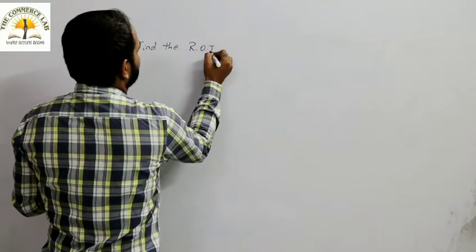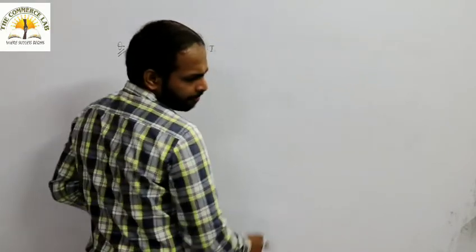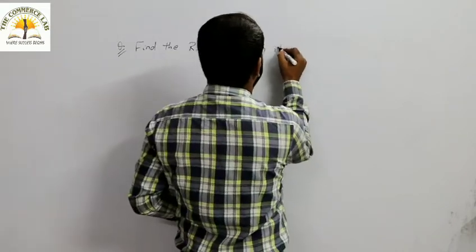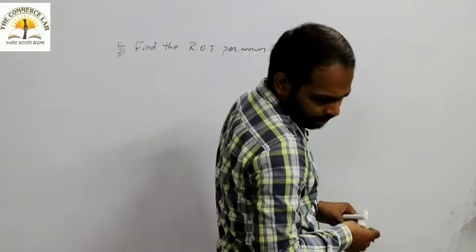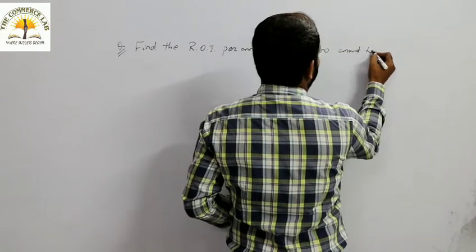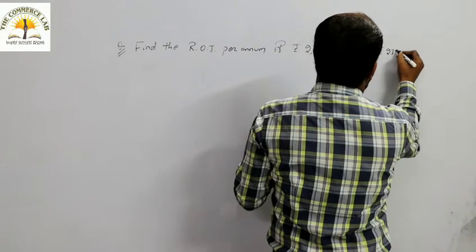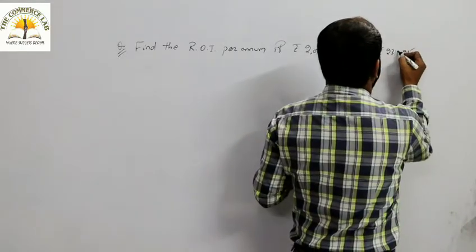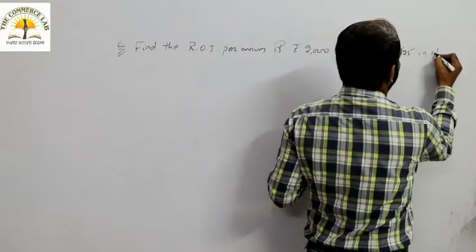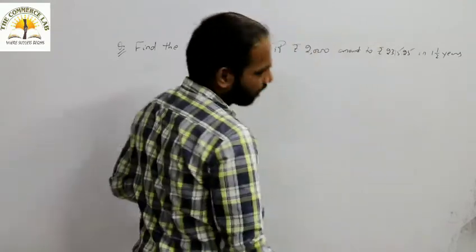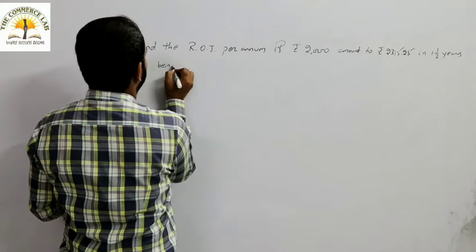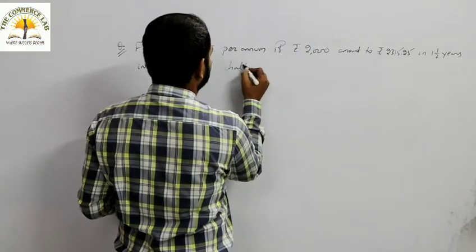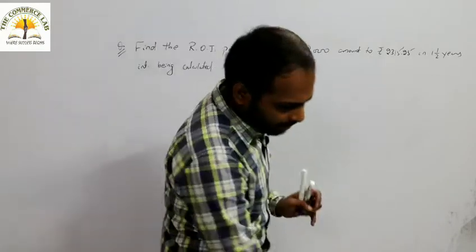Find the rate of interest per annum if 2000 amounts to 2315 in 1.5 years, interest being calculated half yearly.